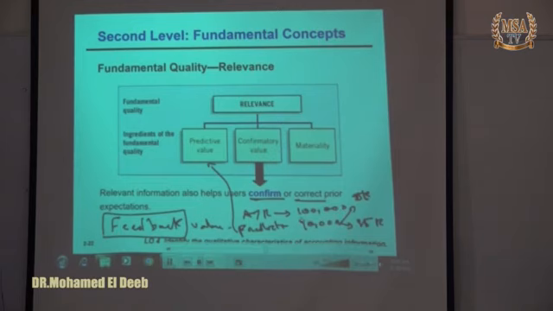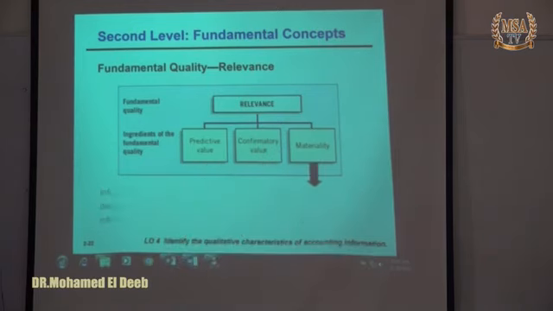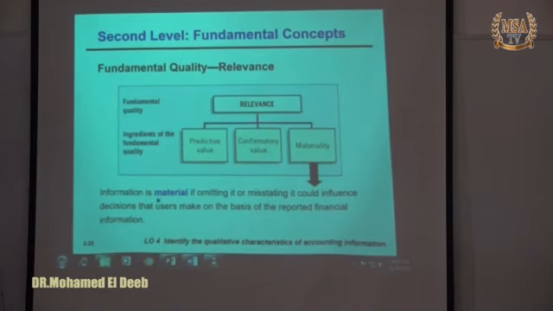Okay, so the information has to be confirmed. Okay, what is materiality? The information has to be material. This is the definition of material. If omitting or misstating, so if you don't show it to me, or if you inflate or deflate the information, and misstatement could be overstating something or understating something.